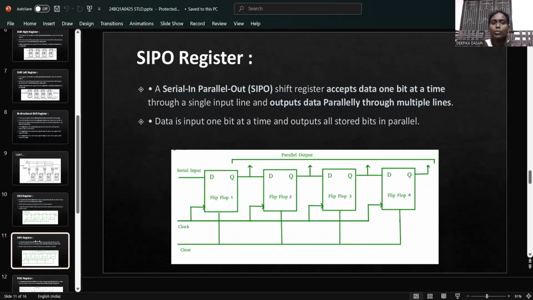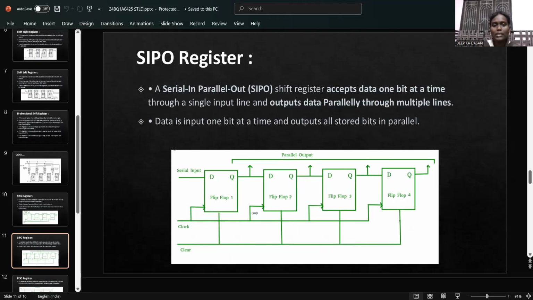After that, the SIPO register, which is a serial in, parallel out shift register that accepts data 1 bit at a time through a single input line and outputs data in parallel through multiple lines. The data is input 1 bit at a time and outputs all stored bits in parallel.